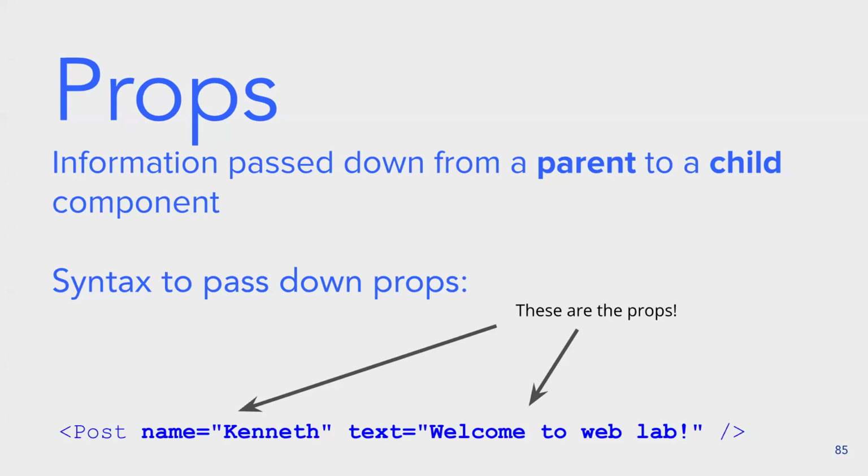Say we're calling a component called post, and we want to pass in two props. One is called name and one is called text. Essentially, we just pass the values in as such, no commas, just spaces. Name equals whatever we want, text equals whatever we want. Any questions on prop syntax? Cool.